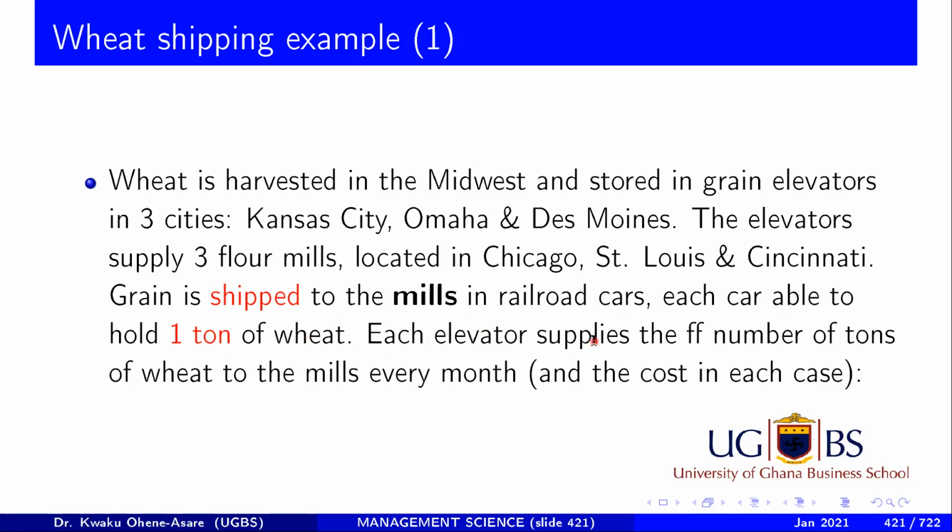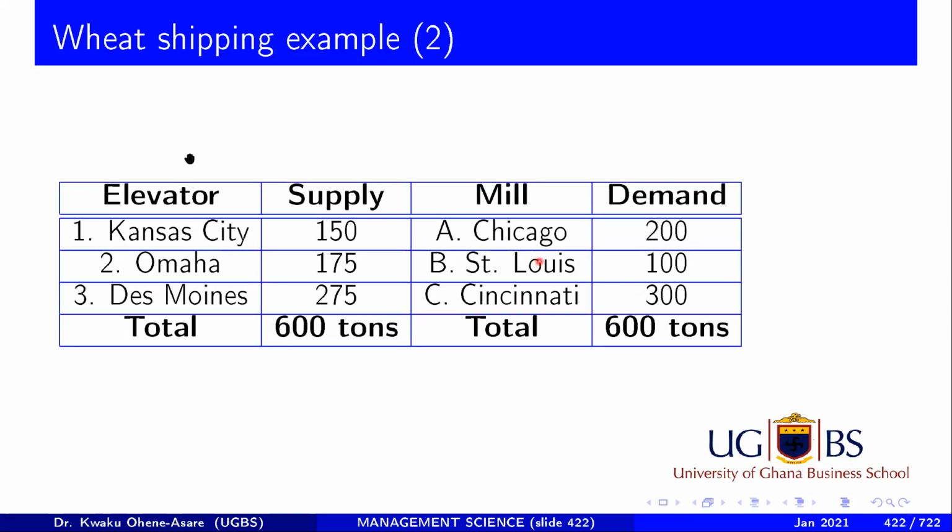Each elevator supplies the following number of tons to the mills every month, and the cost associated with each is the following. So we are going to see the table that depicts that. You have the elevators in the first column, and these elevators are 1, 2, 3: Kansas City, Omaha, and DM. They are supplying 150 tons of wheat, 175 tons of wheat, 275 tons.